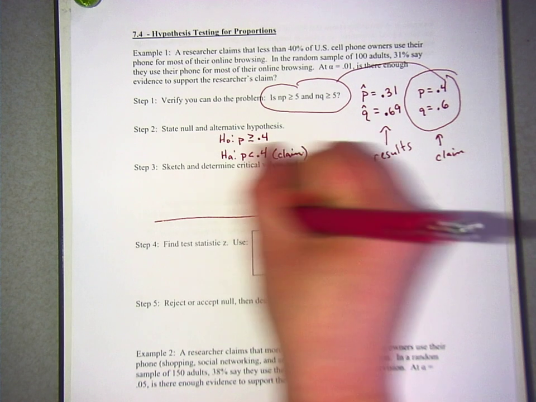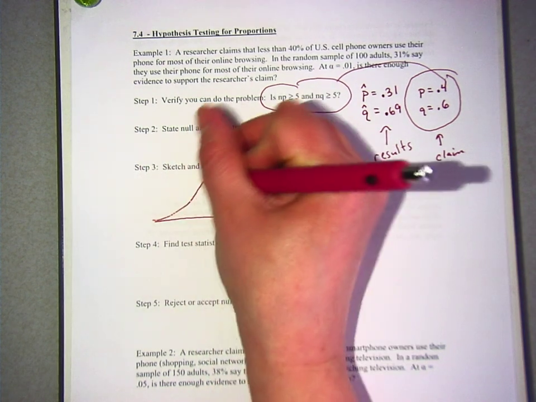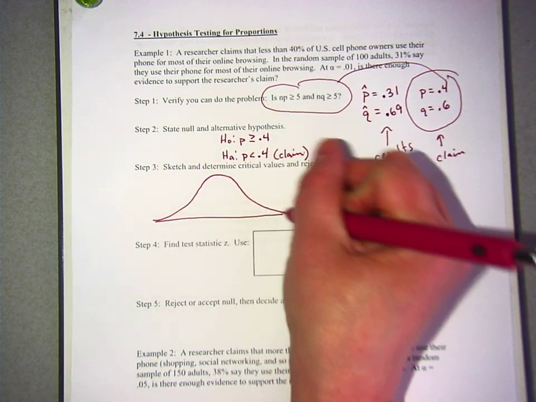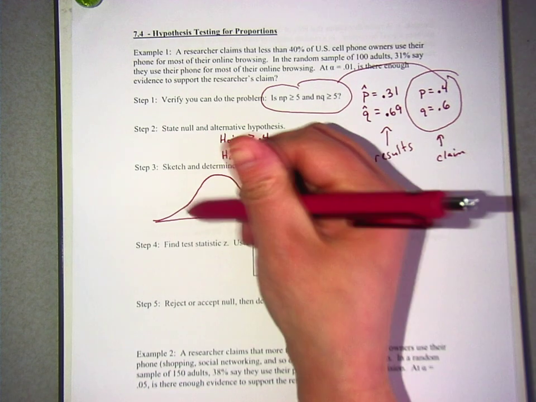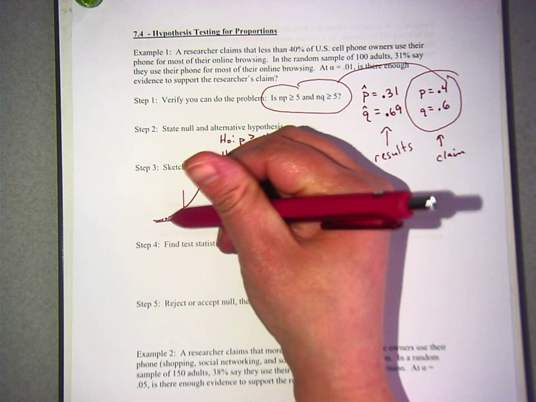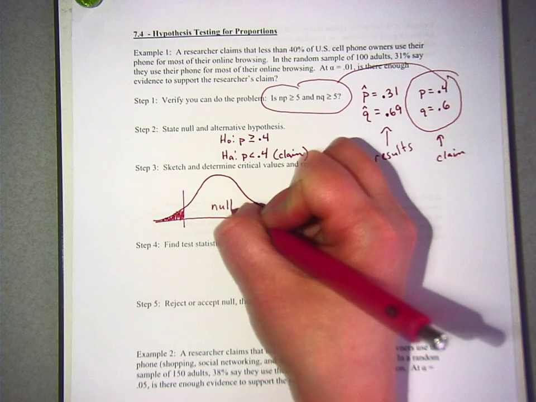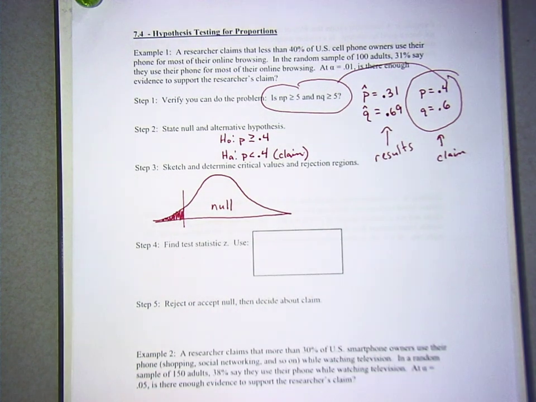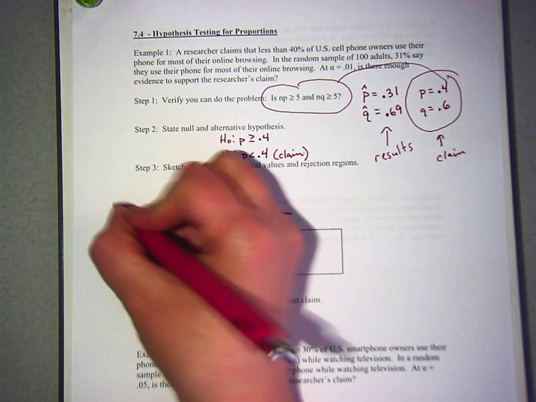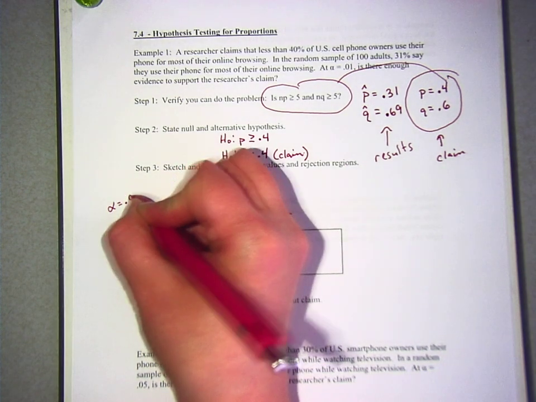Okay, now I'm going to sketch and determine the rejection regions. Draw a quick little bell curve. This is a left-tailed test. Alpha equals 0.01.